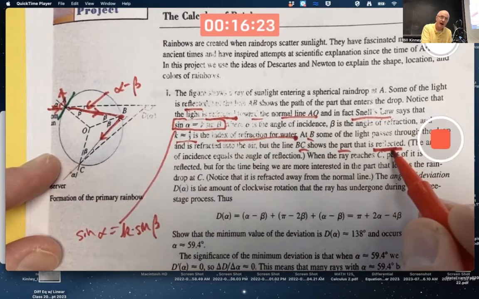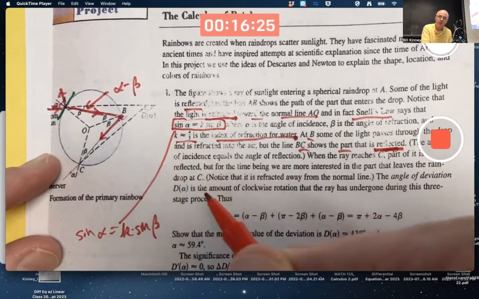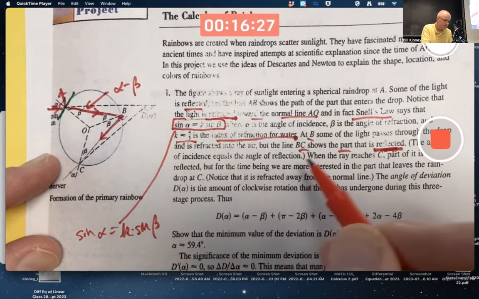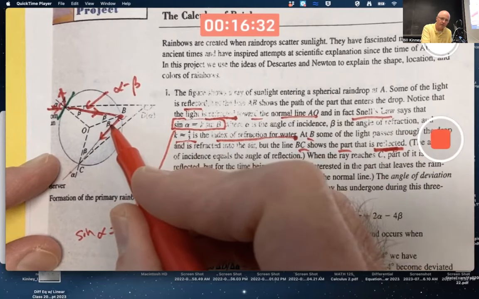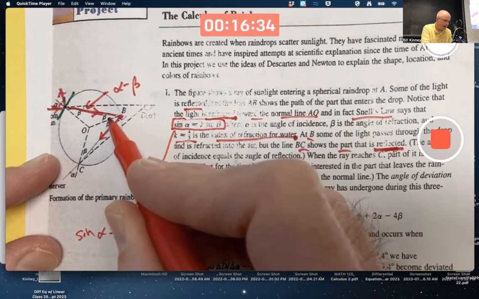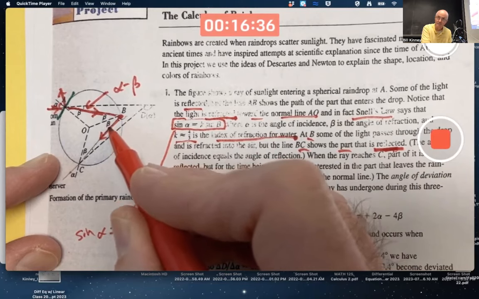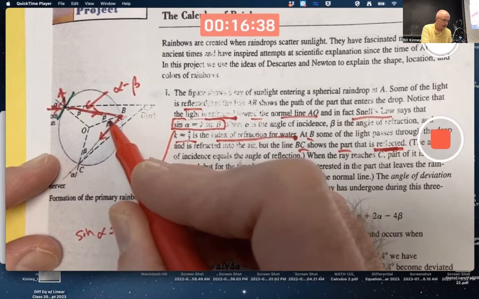That's a reflection. It's bouncing off that part of the water droplet's boundary, the surface. Once again, the angle of incidence equals the angle of reflection, so these betas are actually the same. These two angles are actually the same.